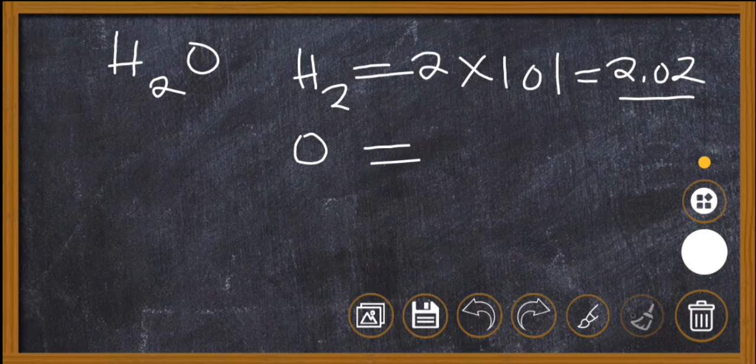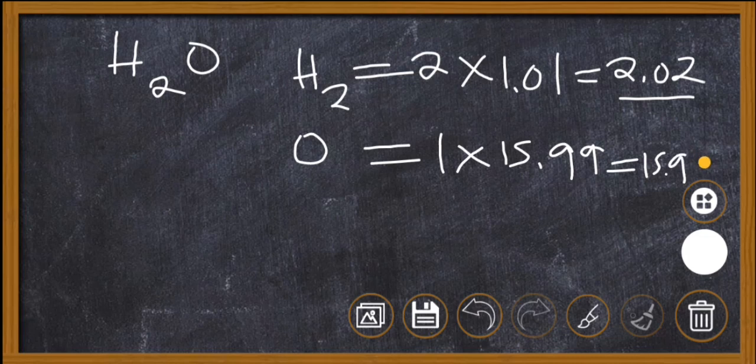So the relative atomic mass for this is 1 multiplied by the mass number for oxygen, which is 15.99. Okay, in other periodic tables this is rounded to 16. So when we multiply this, of course we are just going to have 15.99.